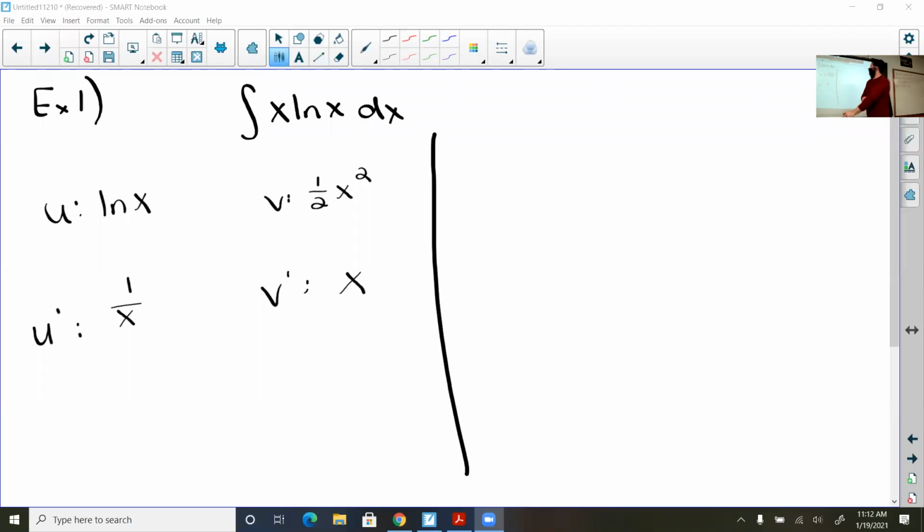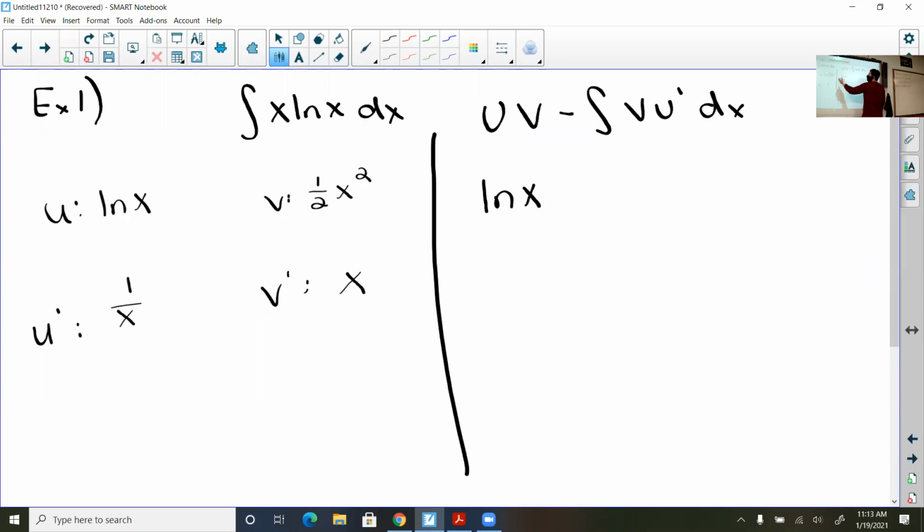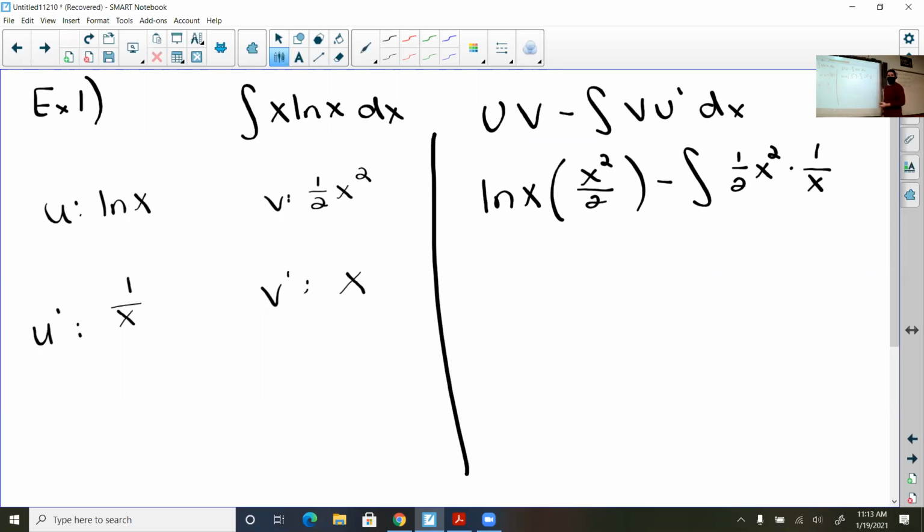Okay, so now I'm going to use u v minus the integral of v u prime dx. So when I plug in, I would have the natural log of x times x squared over 2, minus the integral of my v value of 1/2 x squared times my u prime, which is 1 over x.